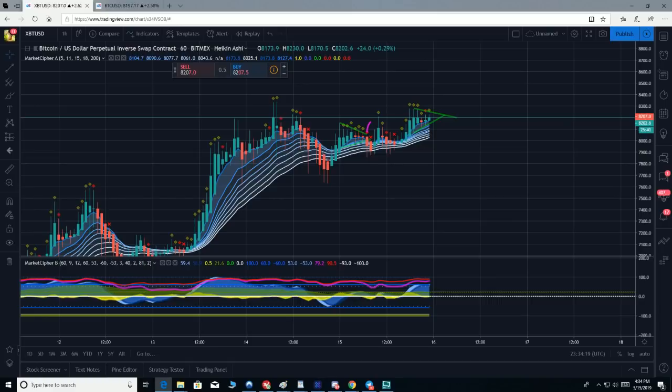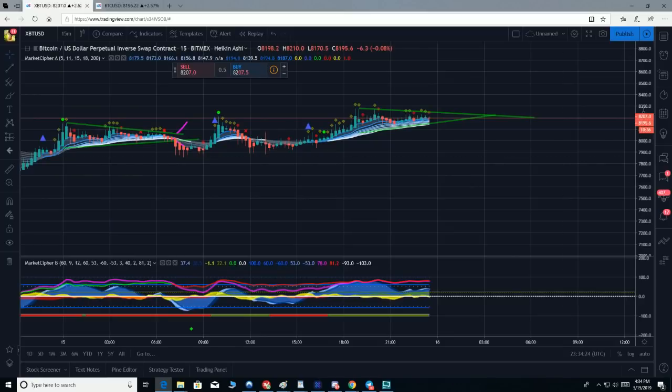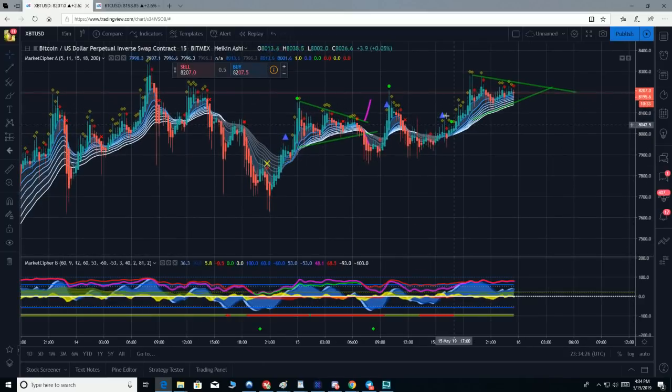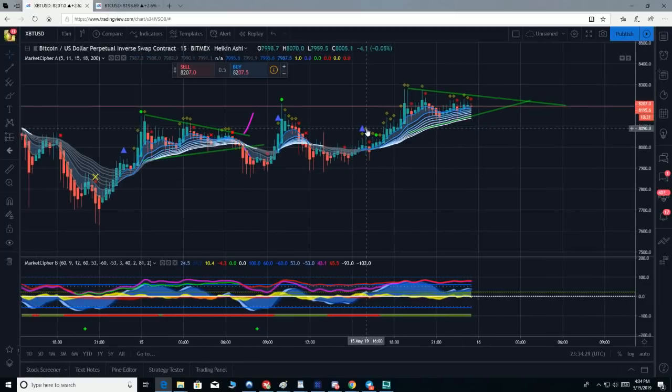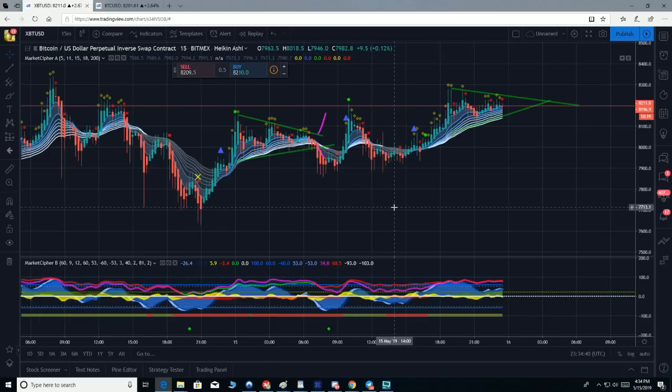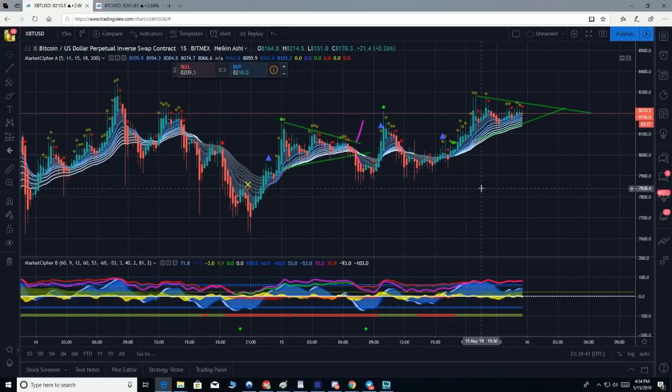So first things first, sometimes we will see these blue arrows, or triangles, excuse me. The blue triangle indicates a trend reversal of the previous trend. I have found that on the 15-minute time scale for the blue triangle, I have found most accurate and most effective.